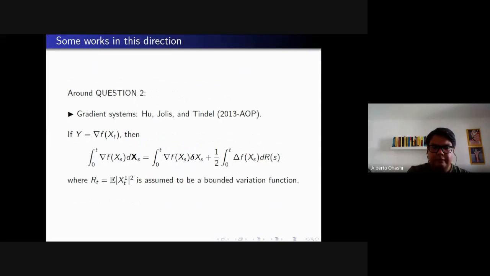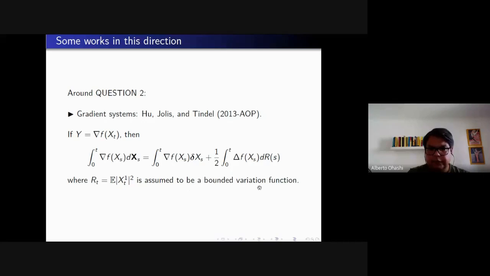So let me give you some references about these questions. For question 2, Hu, Jolis, and Tindel have obtained this correction formula here in the gradient system case, when Y is the gradient of a smooth function, and the driving noise should satisfy this regularity condition here.